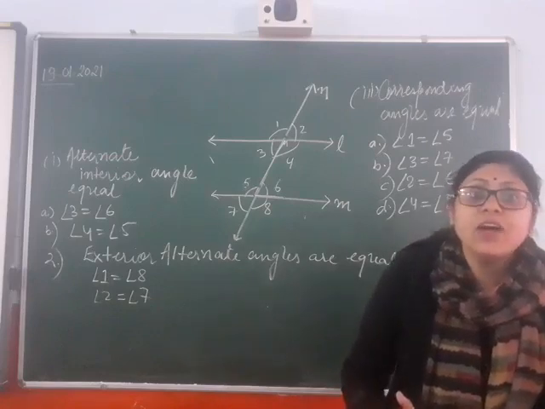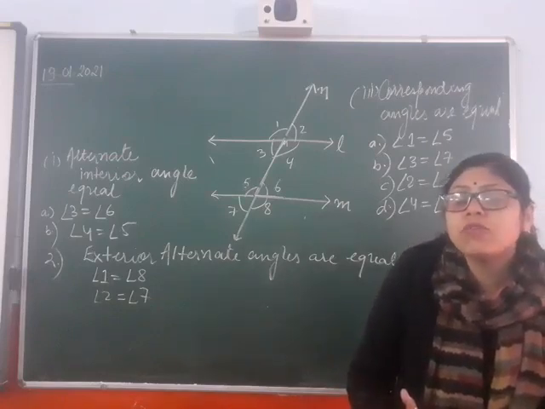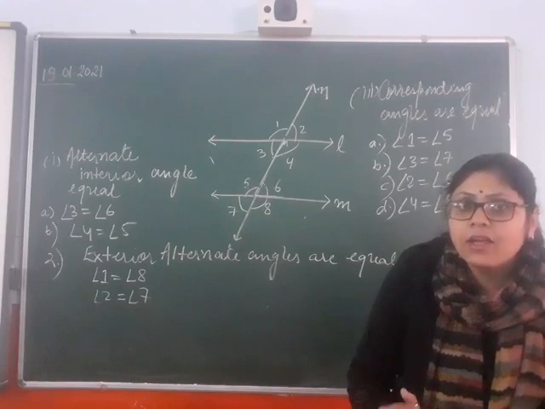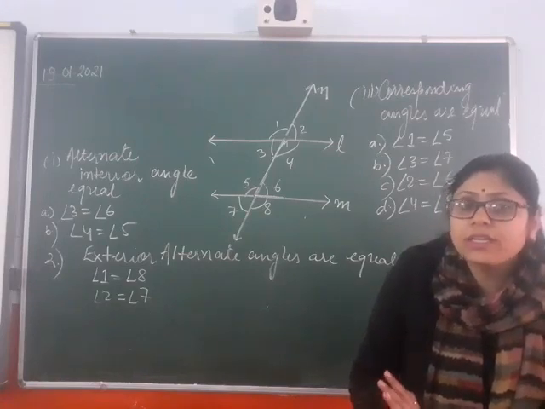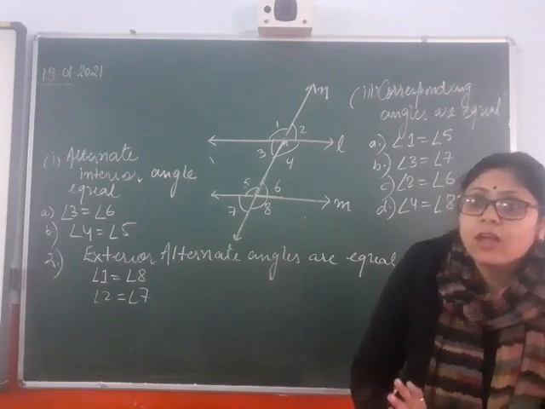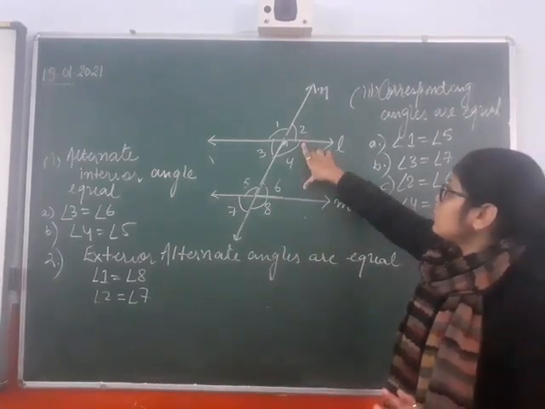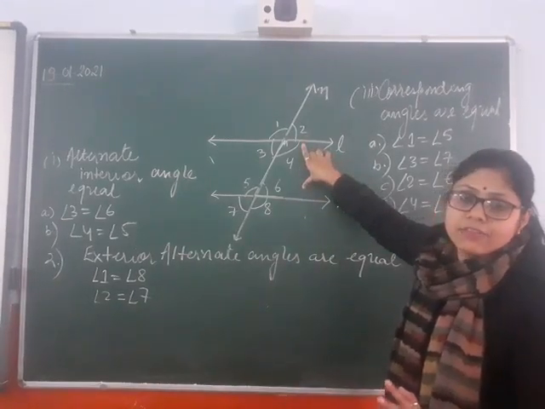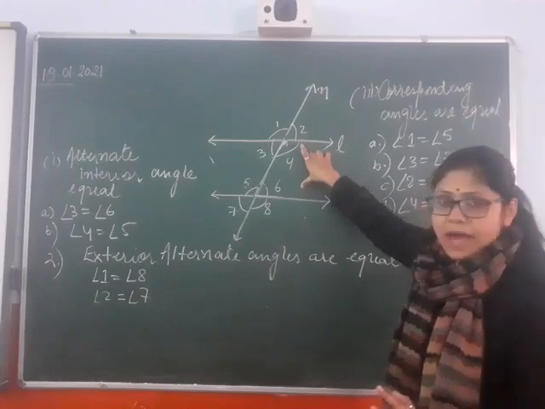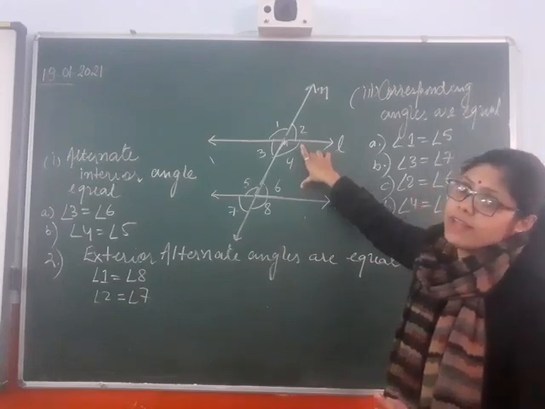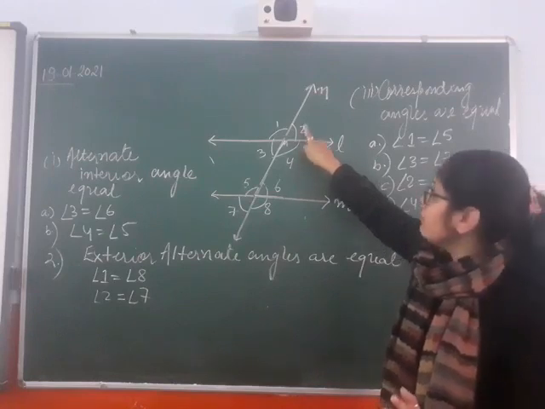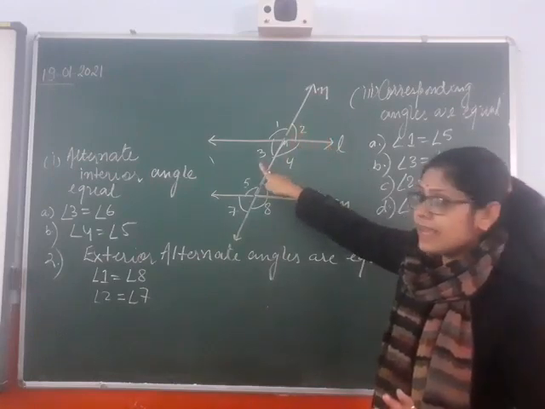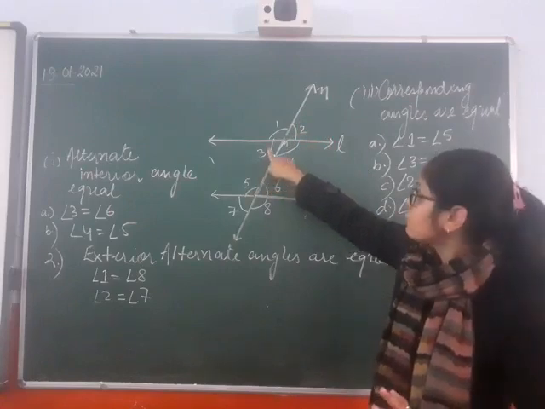What we studied: we got 2 pairs of co-interior angles. Again I am saying, interior and co-interior are different things. All the angles lying in between these 2 parallel lines will be called interior angles. Co-interior angles are the angles on one side of the transversal line, like 3 and 5.